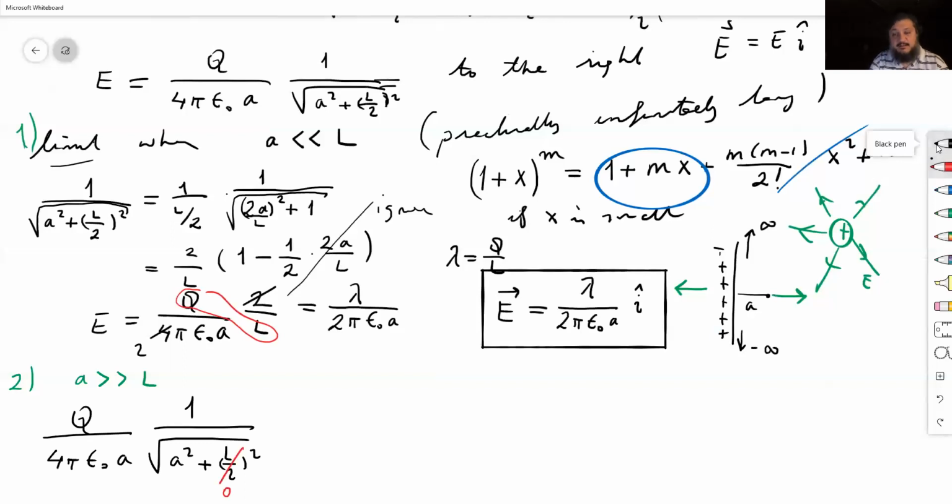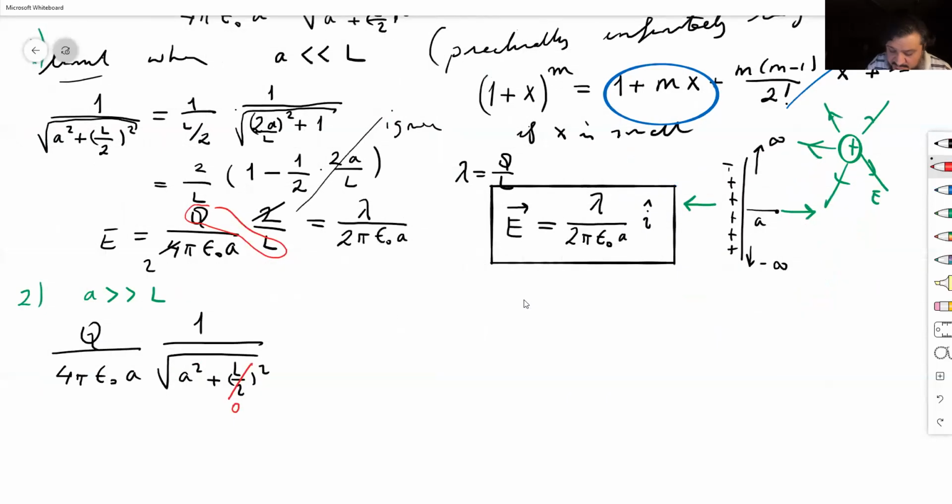It goes to 0. So what is left? 1 over square root A squared, which is 1 over A. You have another A here, A times A squared. So you will have Q over 4 pi epsilon 0 A squared.